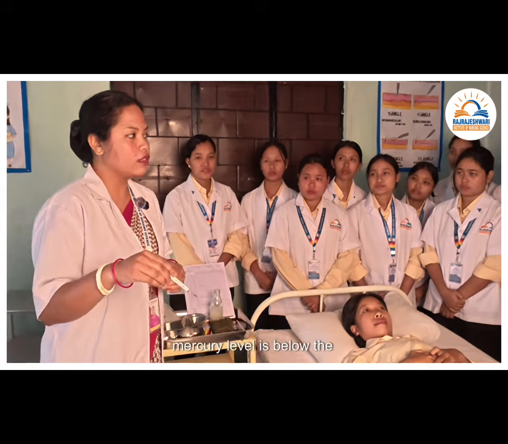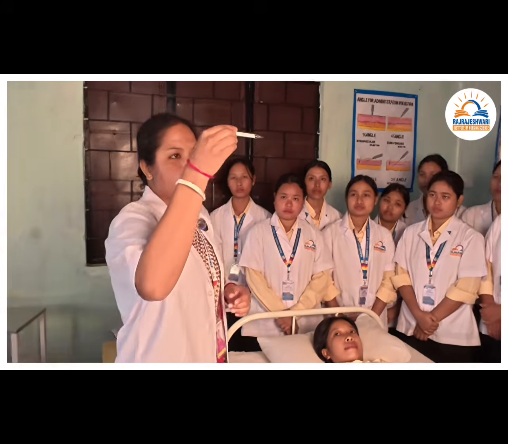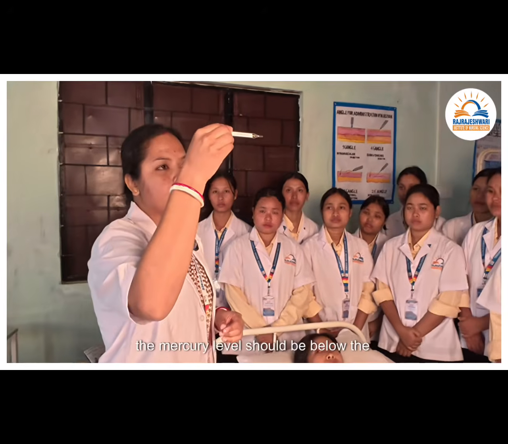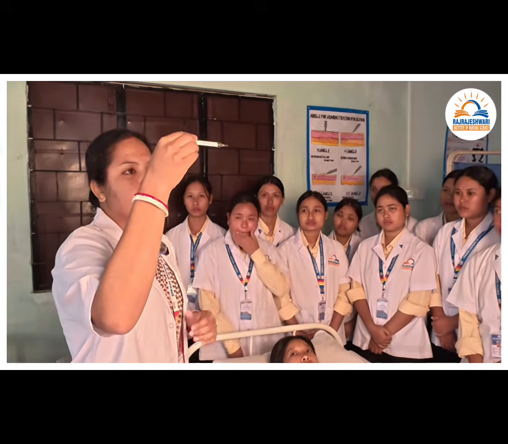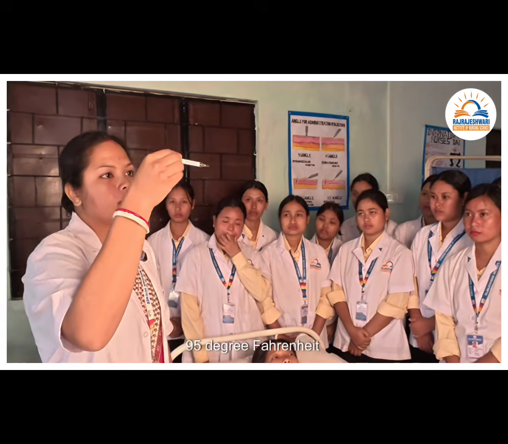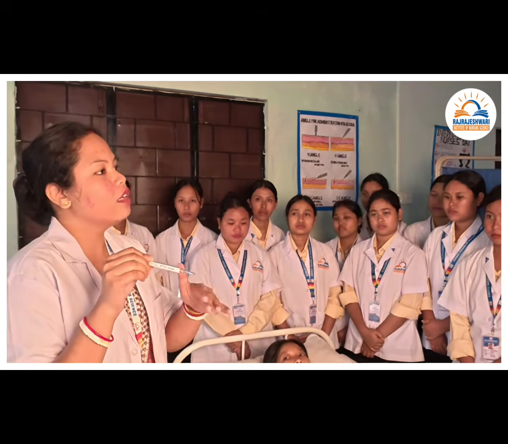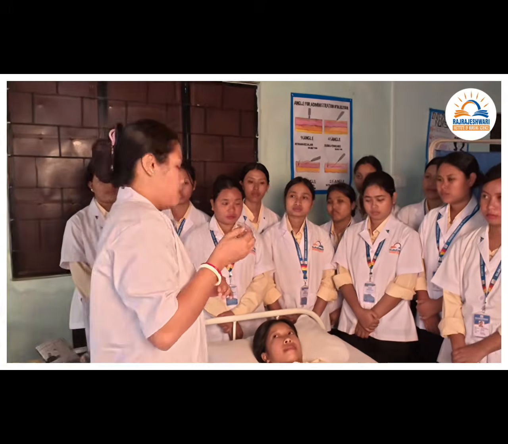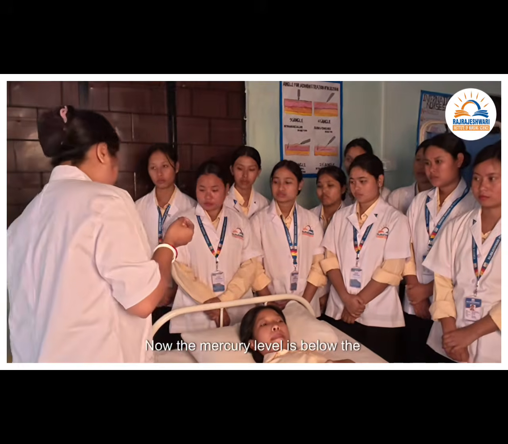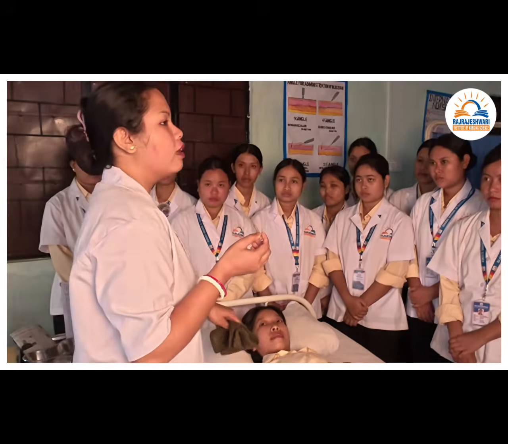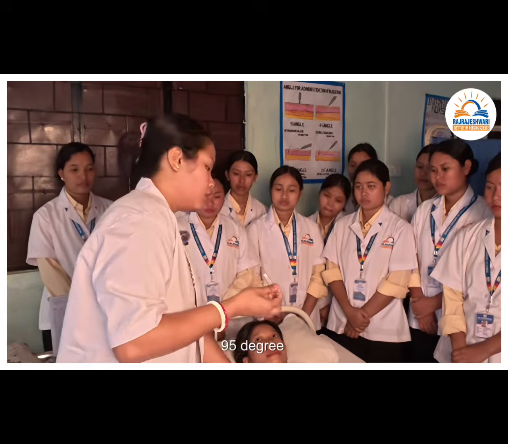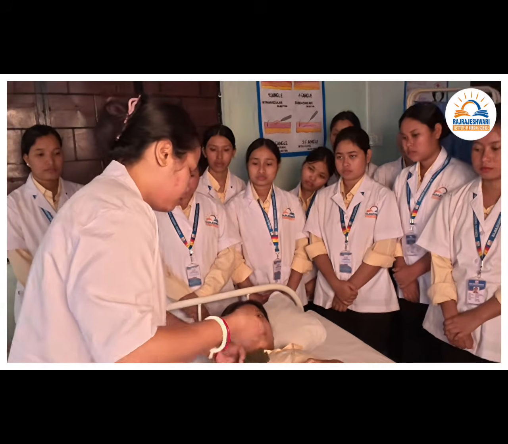The mercury level should be below 95 degrees Fahrenheit, and I will check the thermometer at eye level. Now the mercury level is below 95 degrees Fahrenheit.